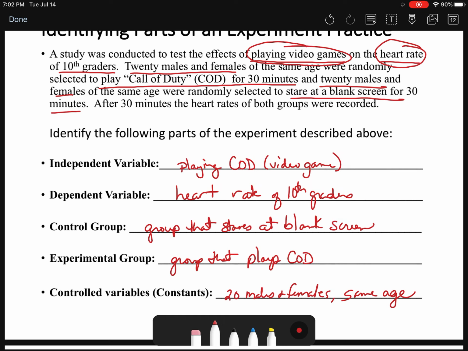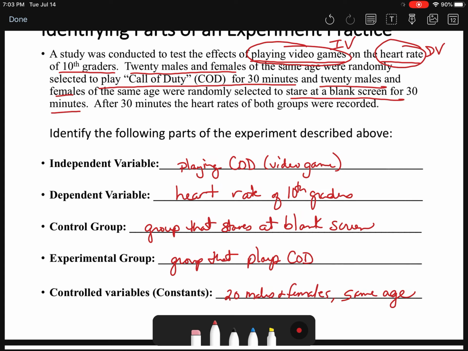Okay? So usually within that first sentence, if you see a study was conducted to test the effects of blank on blank, they have just given you your independent variable and your dependent variable. Then you go through and see what are the two groups. What is one group getting to do and the other group isn't?